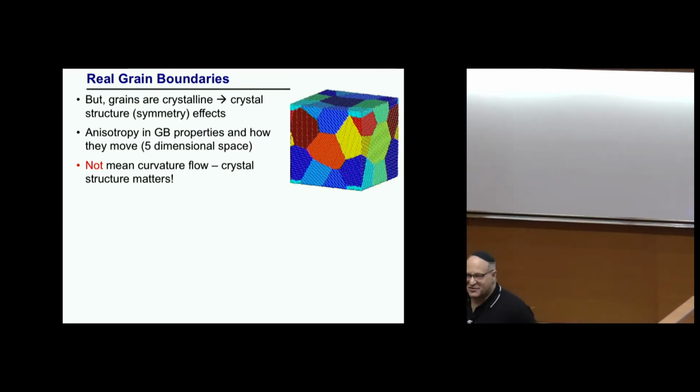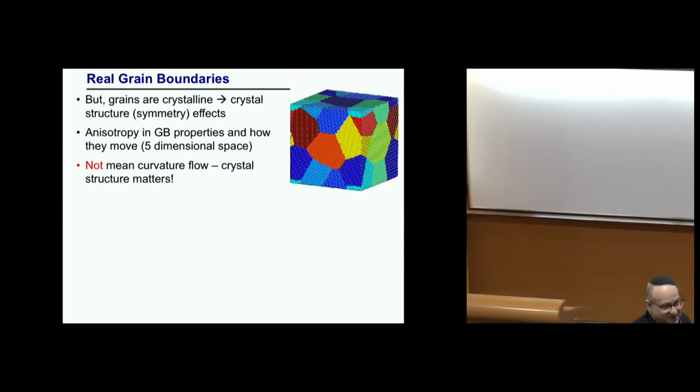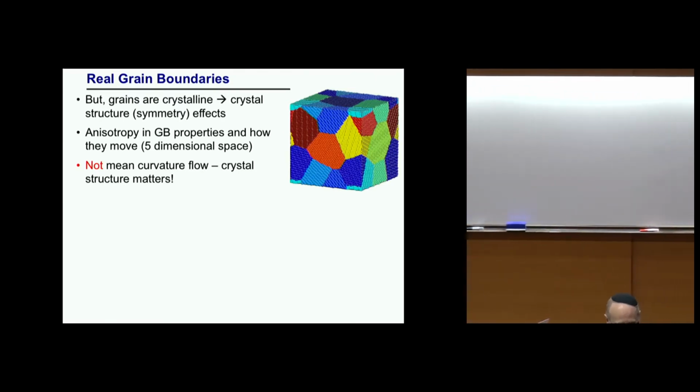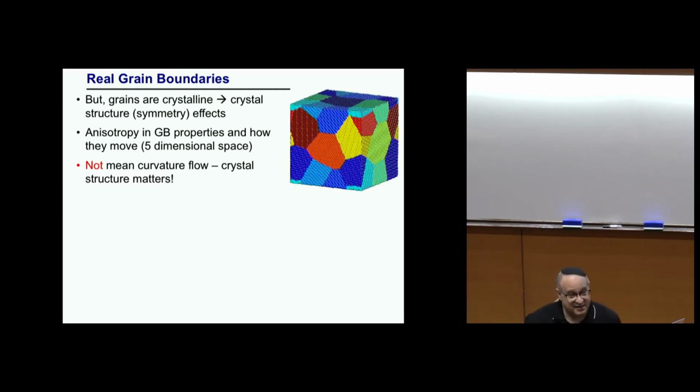Now, having told you how curvature flow works and how the classical model works, next thing I'm going to tell you is that's very nice, but what really happens now? So that's really what we're going to discuss. And so if I look at a polycrystal, surprisingly, materials are actually made of atoms.